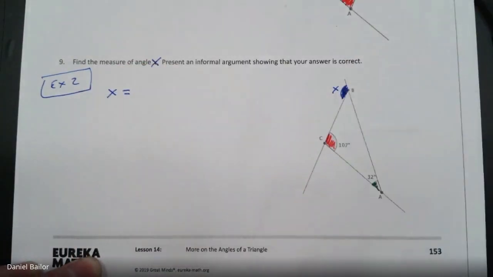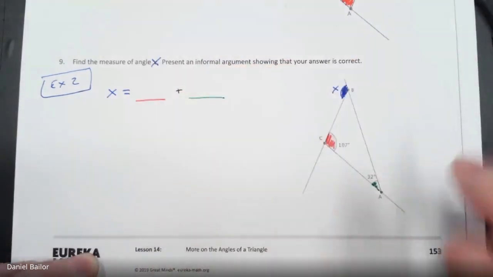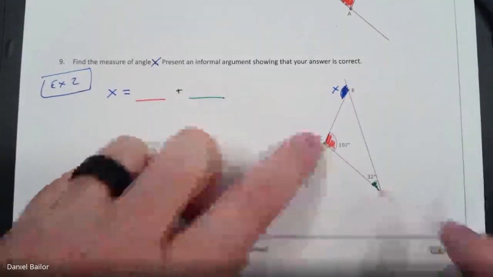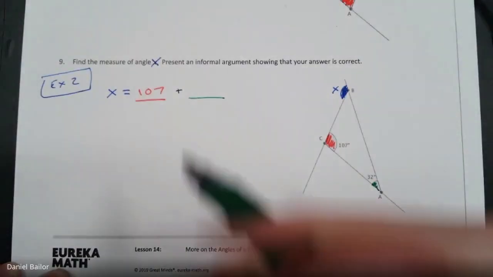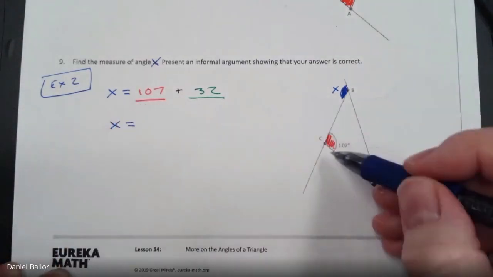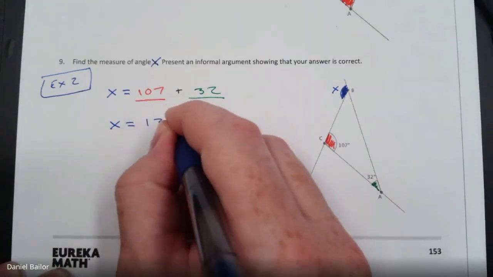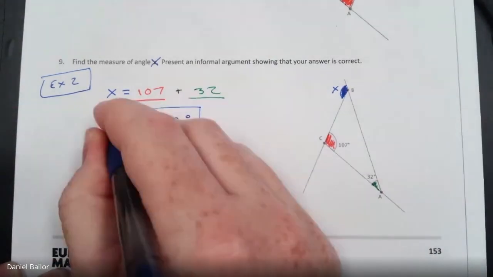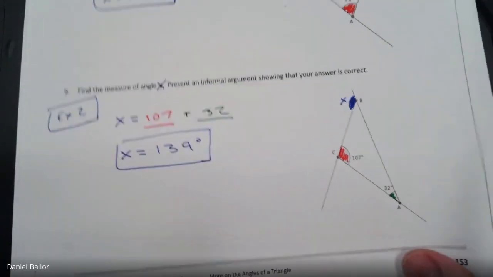The exterior angle equals the sum, adding the two remote interior ones. So you just do the red 107, the green 32, and you know the exterior angle that is remote from them is going to be 139 degrees using the shortcut. So that is how we use the shortcut.